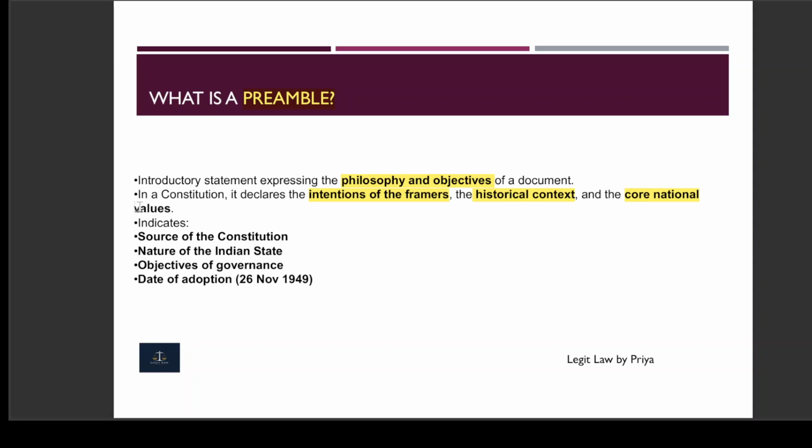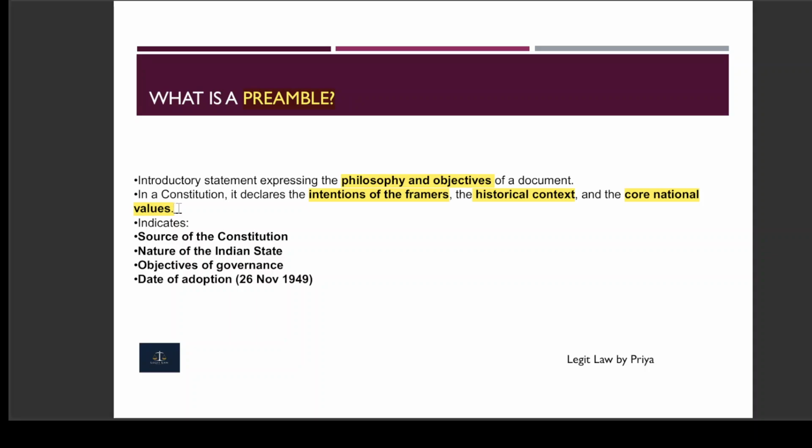So our preamble states what the intention of the framers of our constitution was, what the historical context of our country was, and what India's core values are. In simple terms, it tells us four things.